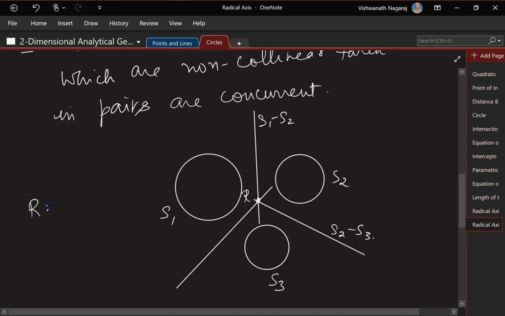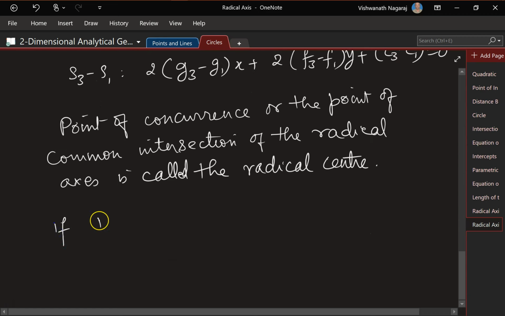So R is the radical center, and this is S3 minus S1.